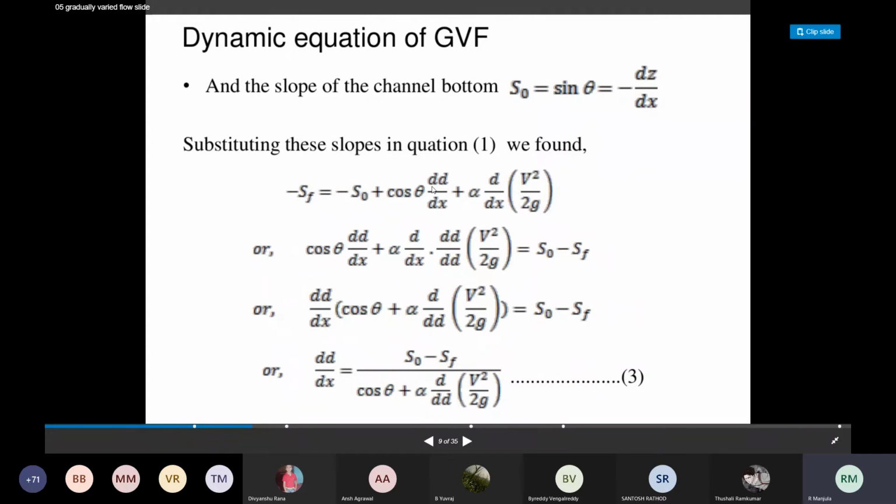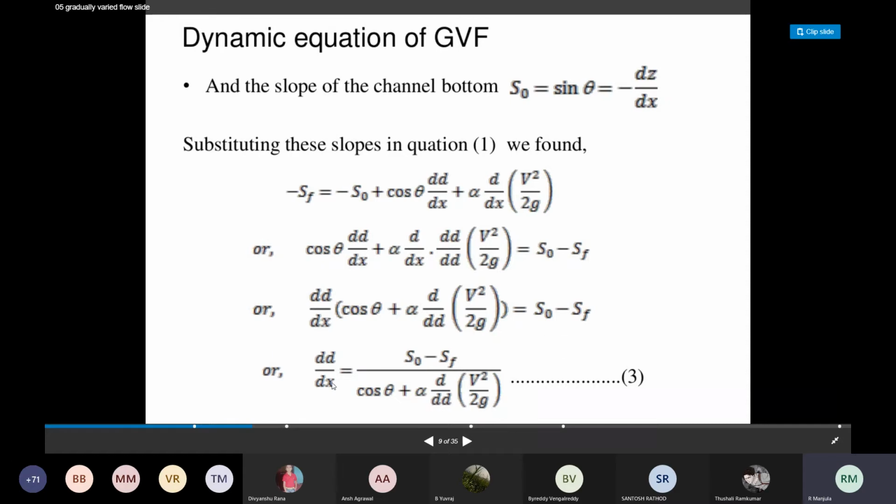So we have cos theta into dd by dx plus alpha into d by dx of v square by 2g, equal to S0 minus Sf. Now differentiating, dd by dx of cos theta plus alpha into d by dd of v square by 2g is equal to S0 minus Sf.